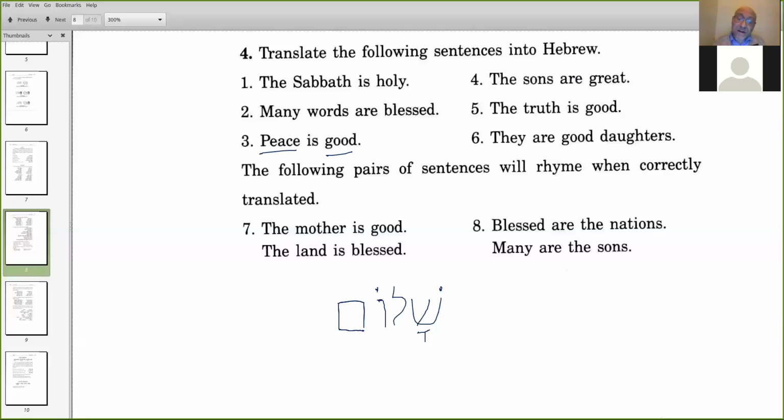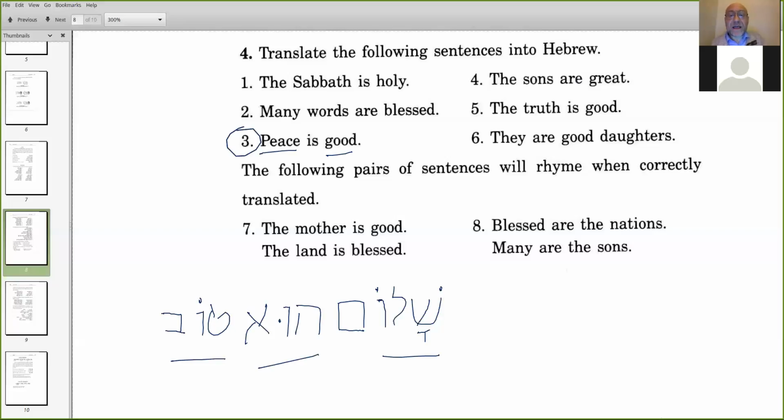Well, in this case, because it's not a person, we're talking about an inanimate noun. It is a quality, peacefulness, and yet it's a noun. We're going to use hu because it's masculine gender. So let's put our hey there and our shurik and then our aleph. So we have shalom, hu, and then tov. All right. So that's how that should look. Shalom, hu, tov. Number 3.